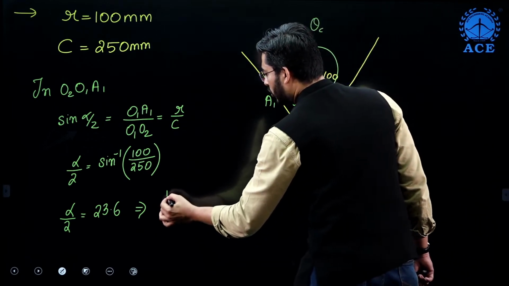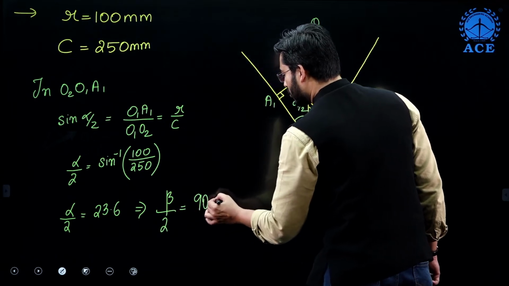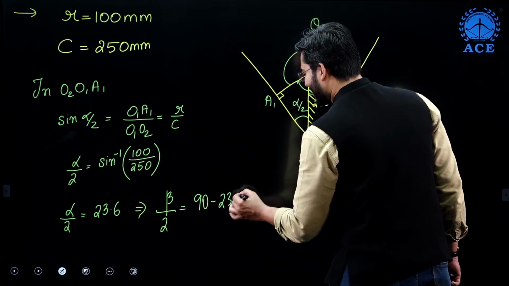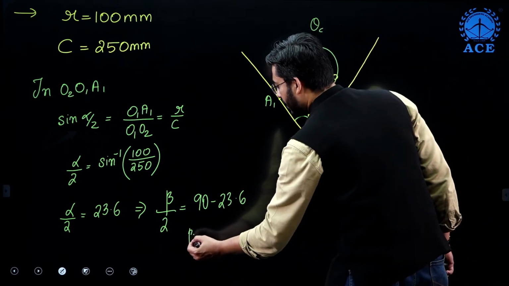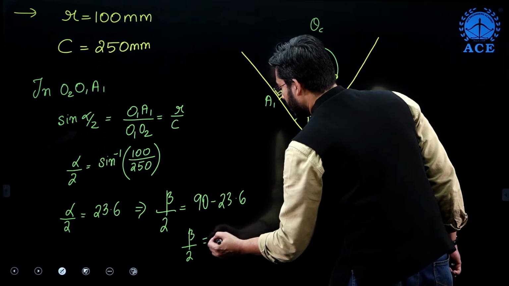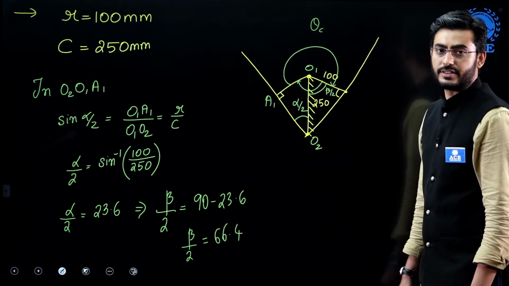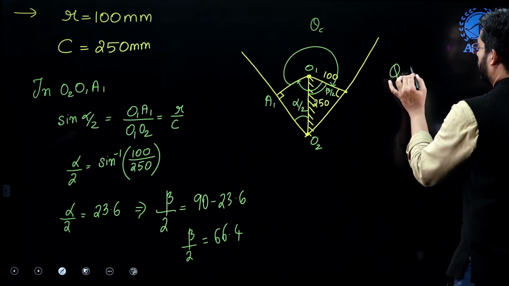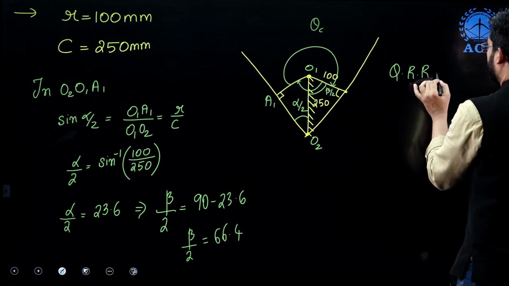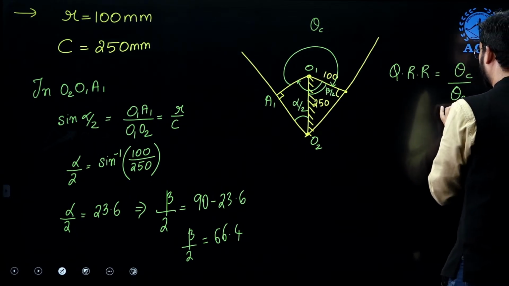So beta by 2 will be equal to 90 minus 23.6, that is, beta by 2 will be equal to 66.4. So quick return ratio, guys, that is QRR, is equal to theta cutting by theta return.